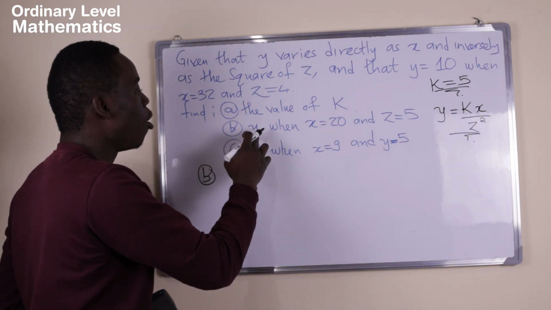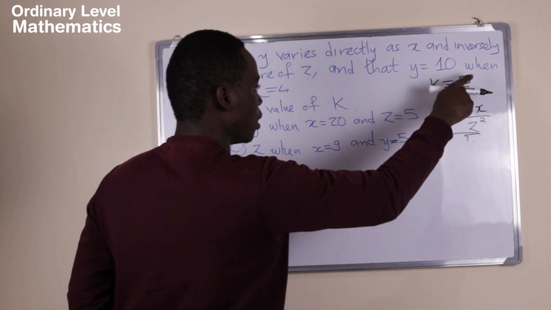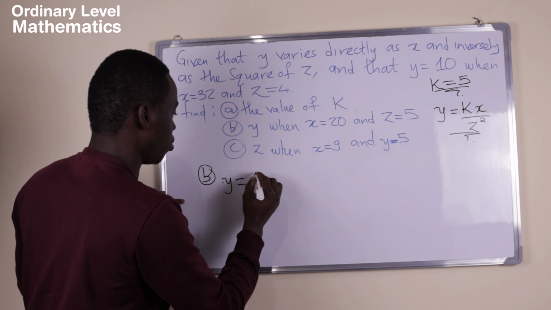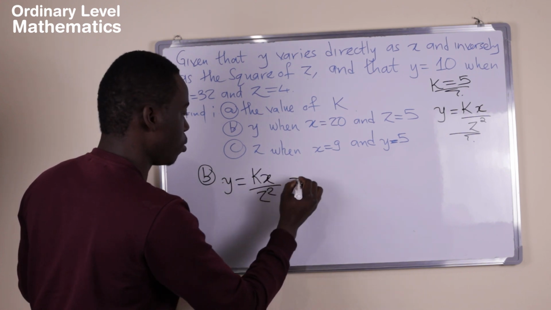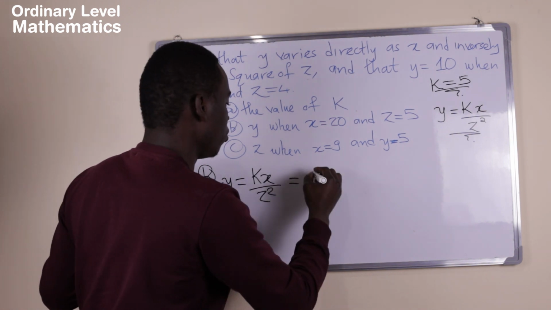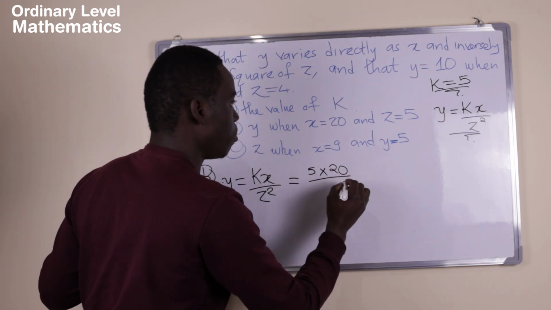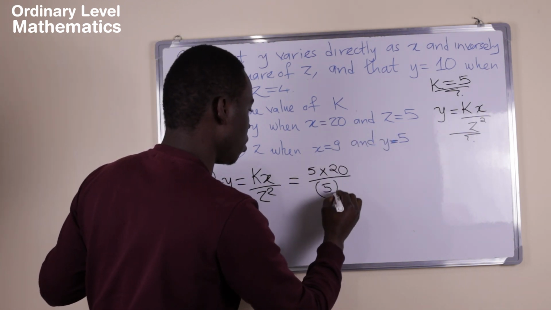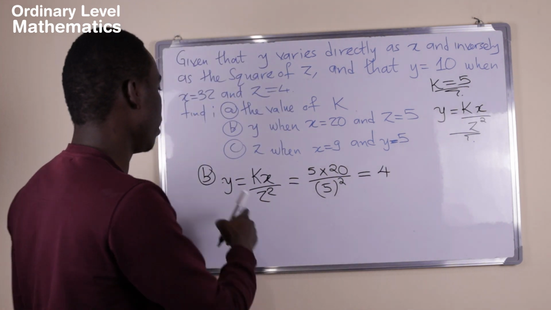We're finding the value of y when x is equal to 20, z is equal to 5, and our constant is equal to 5. Hence, y is equal to kx over z squared, which is 5 times 20 divided by 5 squared. Hence, this is equal to 4. And this is our value of y.